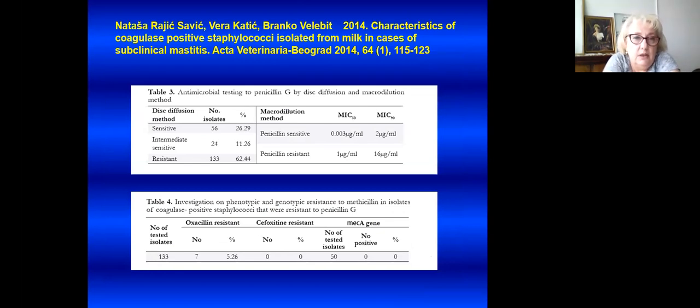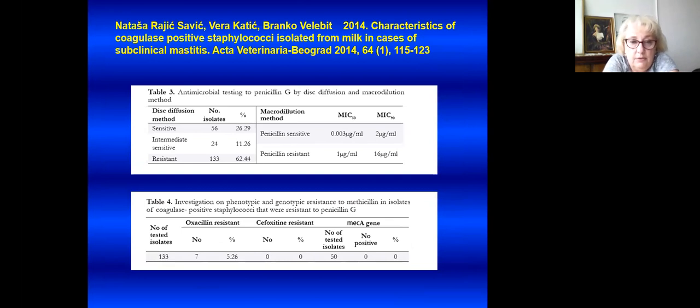These are some results of our investigation. We tested by antibiogram coagulase-positive Staphylococcus isolated from udders infected with subclinical mastitis. We found more than 62 resistant isolates.